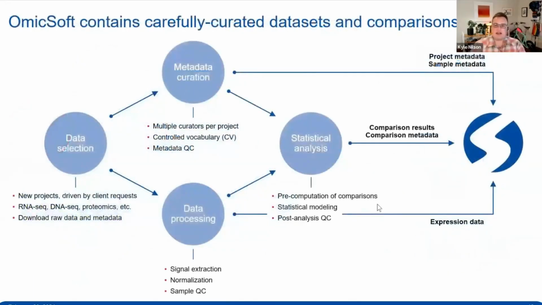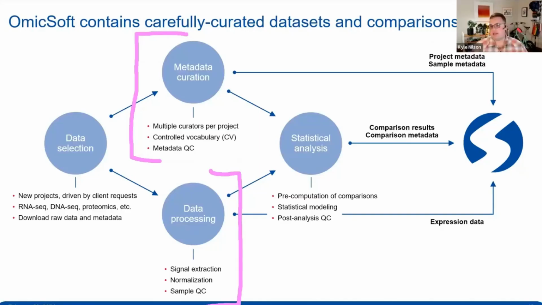The omics data that we have, this is where we have a few different key elements. In addition to curating projects based on customer requests, we then have to make sure that we clean up and quality control the data in terms of metadata, as well as the actual sequencing information.